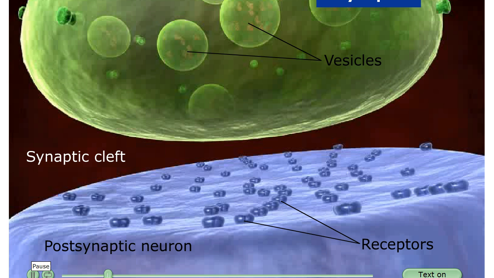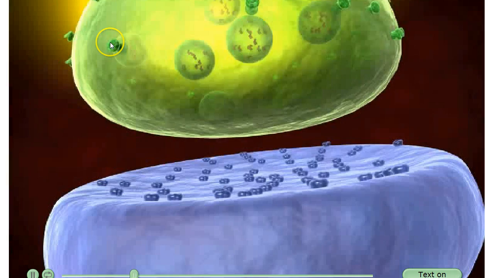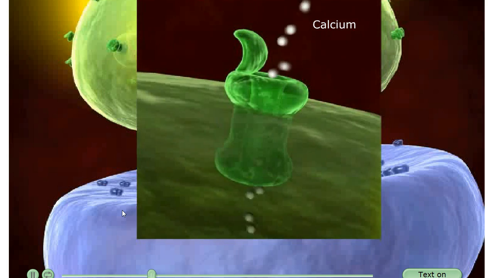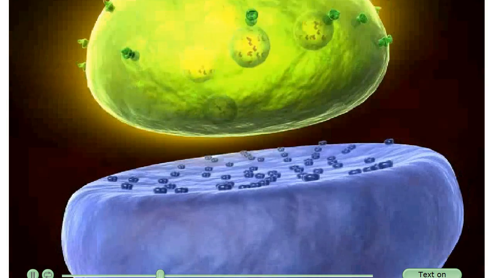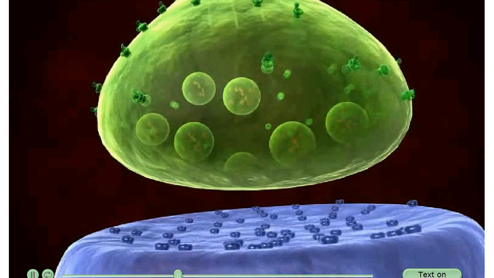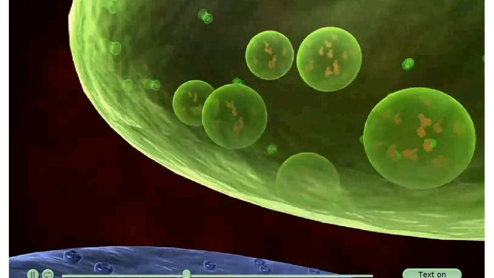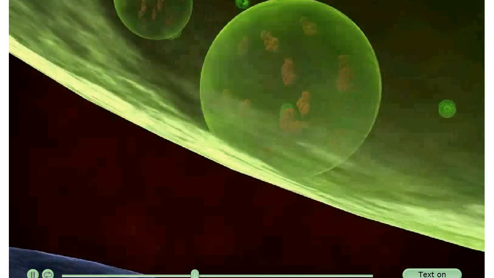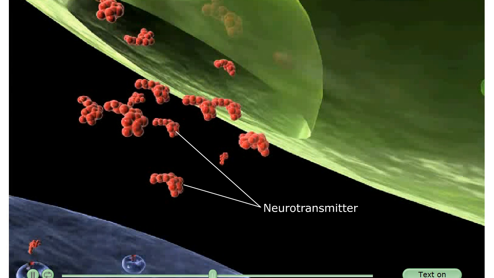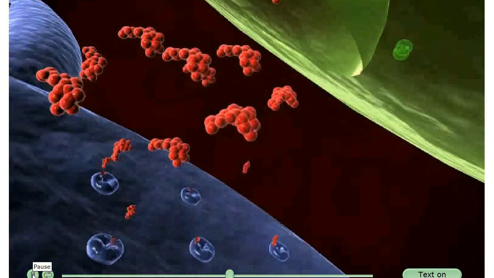We can also see the vesicles stored in the presynaptic cell. The voltage-gated calcium channels are highlighted in the green. So an action potential voltage pulls open those gated calcium channels. Calcium floods in, sets those vesicles into motion. Exocytosis, the neurotransmitter, which is shown here in the red things. They diffuse across the synapse, and they bind with their respective receptor.